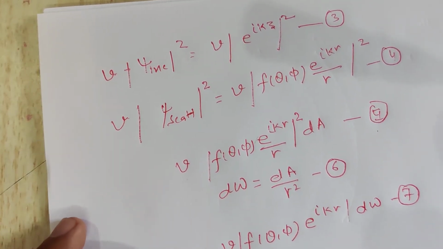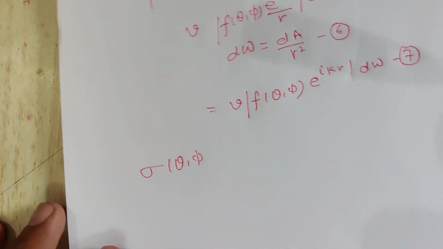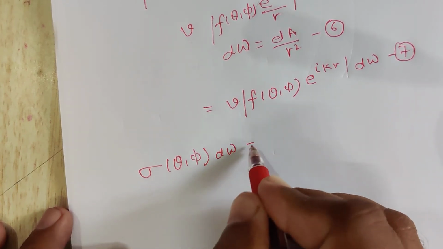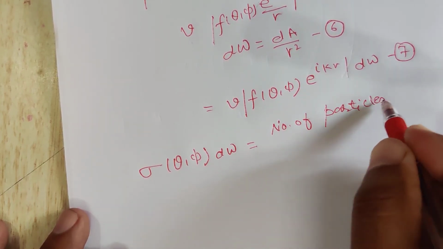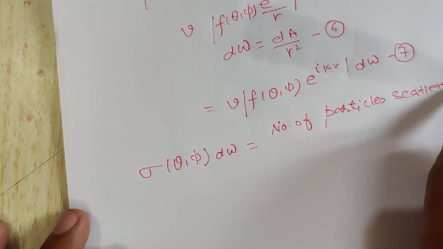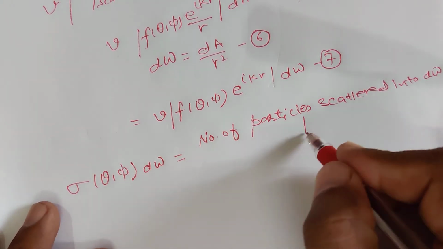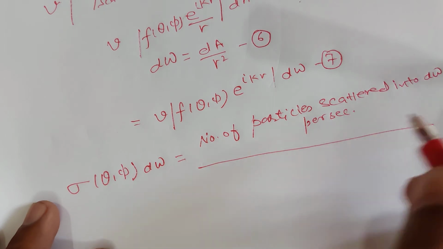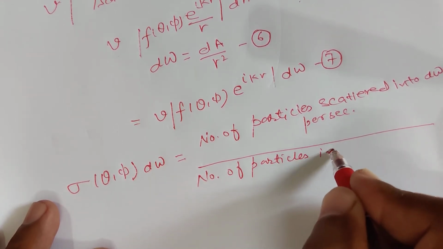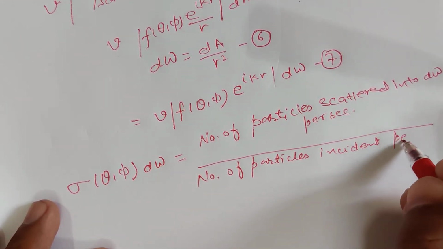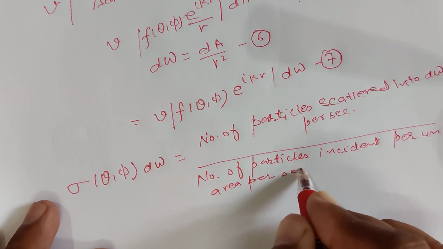But you know the differential cross section is defined as sigma theta phi d omega equals the number of particles scattered into d omega solid angle per second divided by the number of particles incident per unit area per second.